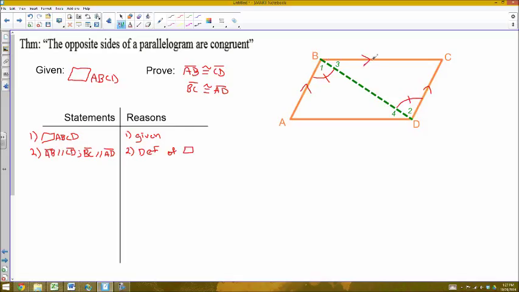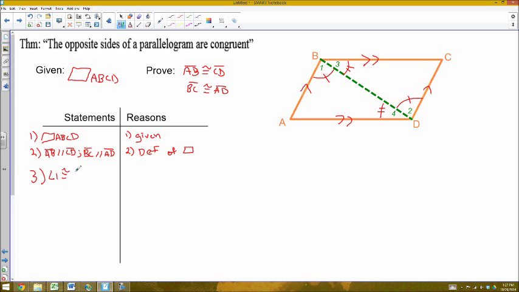Similarly, since BC is parallel to AD, 3 and 4 are alternate interior angles of those parallel lines across transversal BD, so they will have to be congruent at the same time. So I'll state that now.